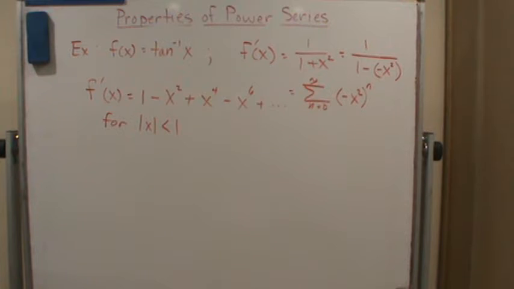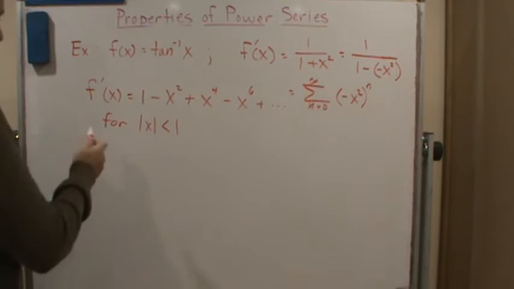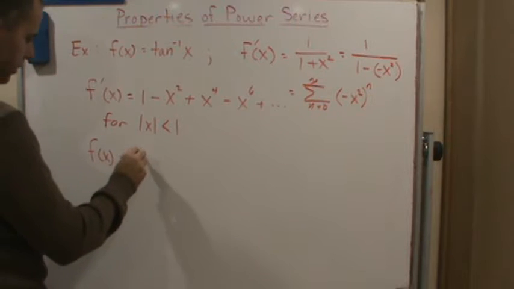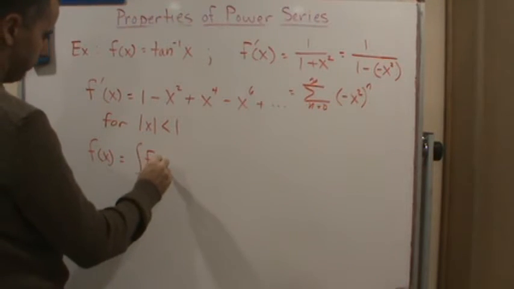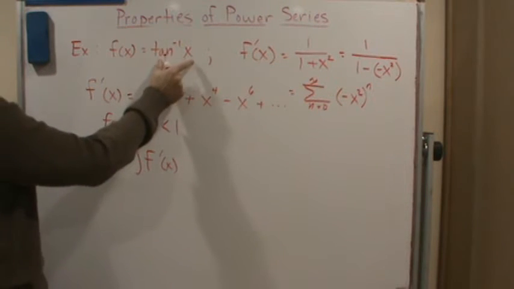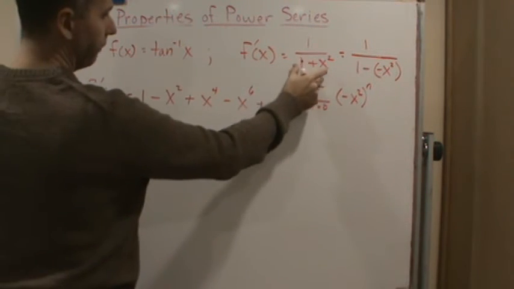Okay, now what we're going to do is integrate this, right? So again, to find f of x, f of x is equal to the integral of f prime of x, and we know this is the antiderivative of this.